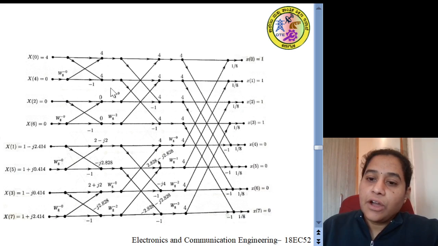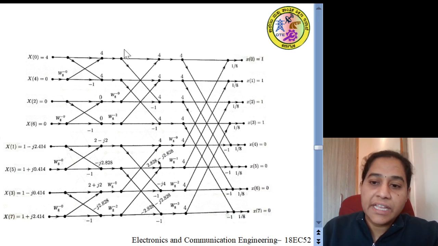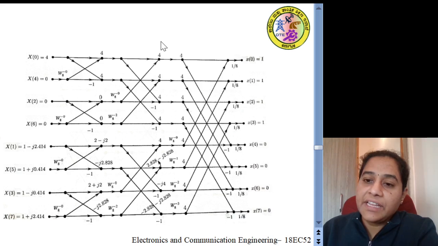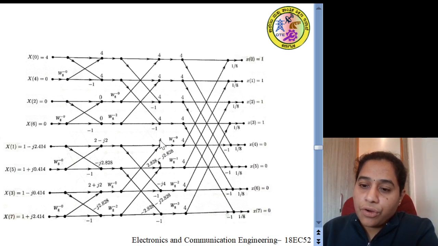So these outputs from the first stage now we will be considering as input to the second stage, and after computing the second stage, we obtain the outputs as 4, 4, 4, 4, 4, 2.828 minus j 2.828, minus j4, minus 2.828 minus j 2.828.